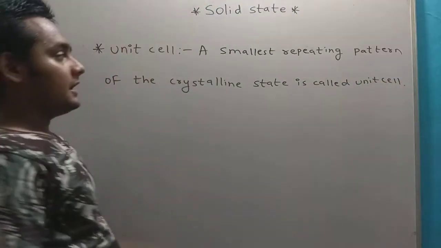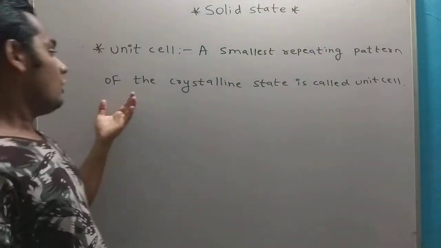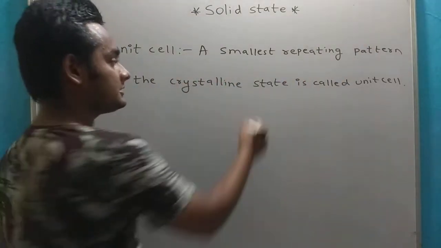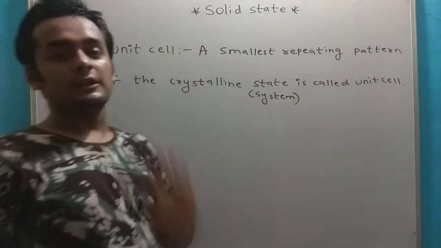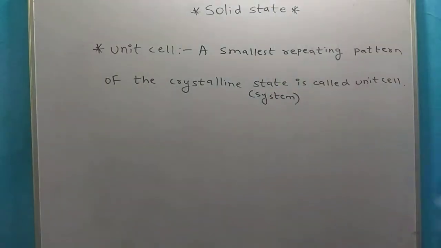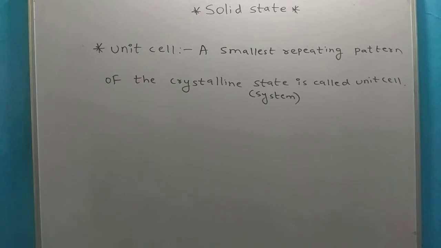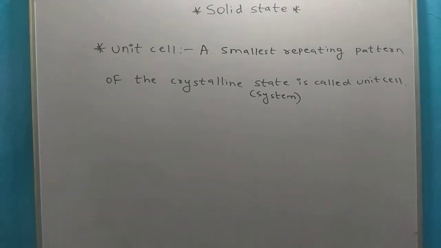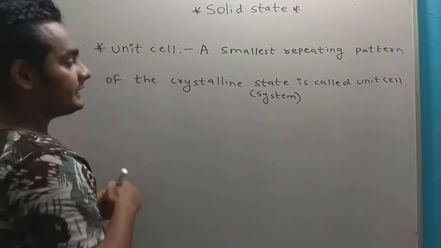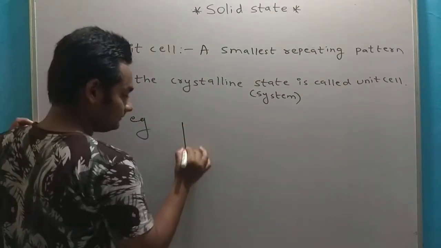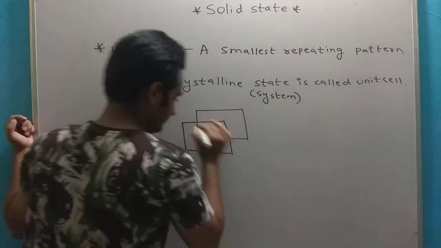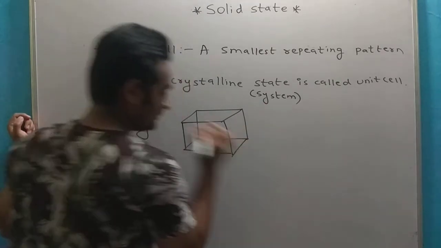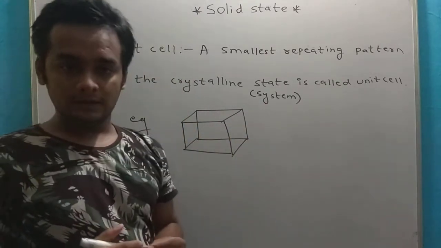The smallest repeating pattern of the crystalline system is called a unit cell. Okay, this is about a unit cell. Example, this is called the unit cell, a simple unit cell.